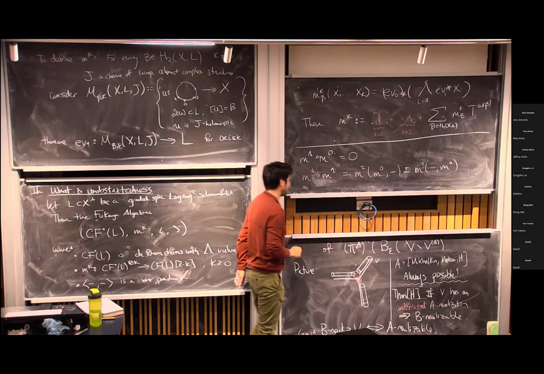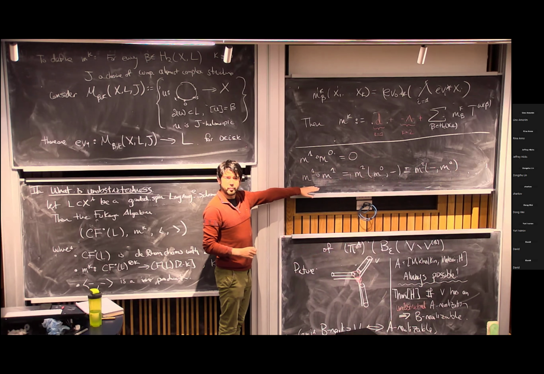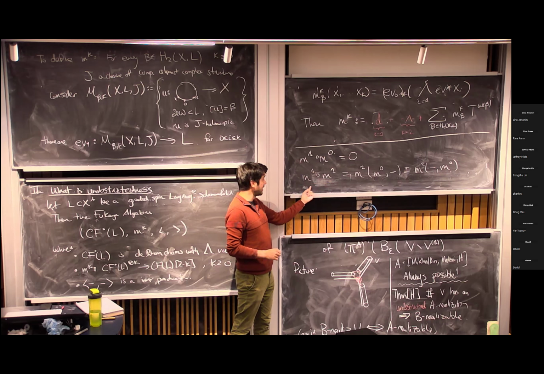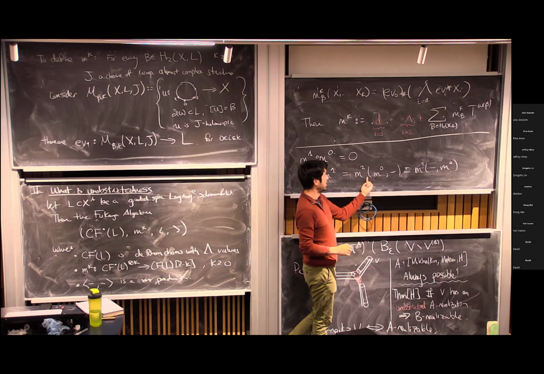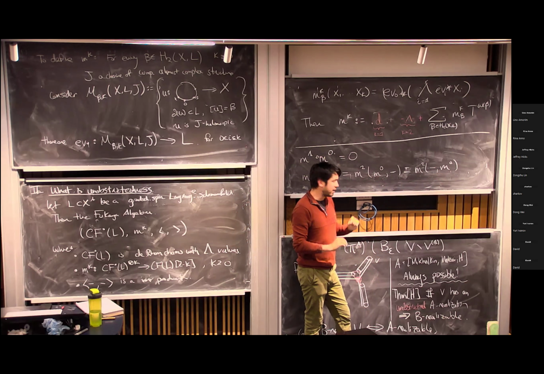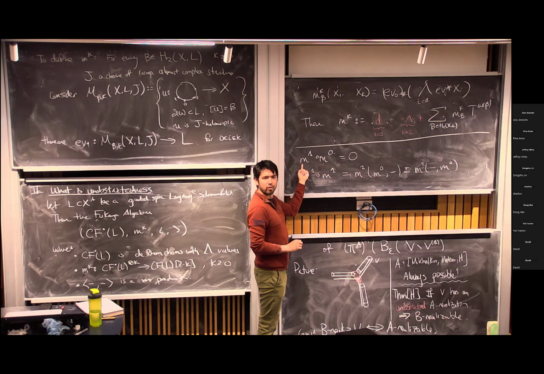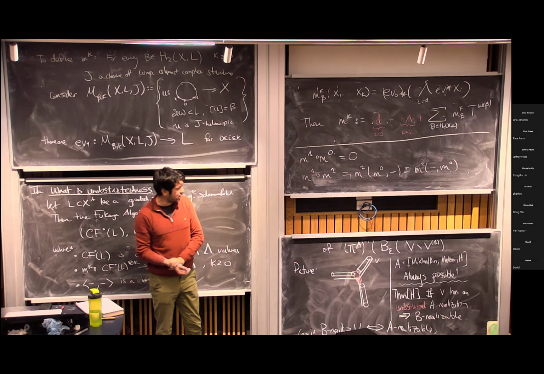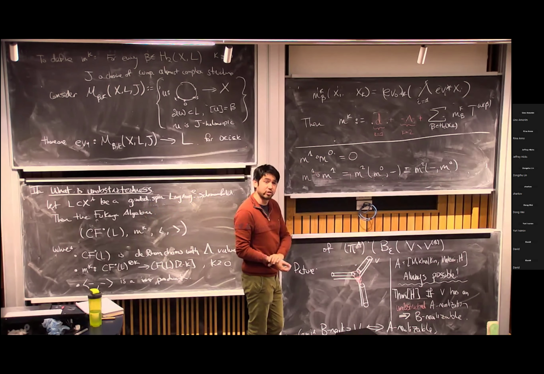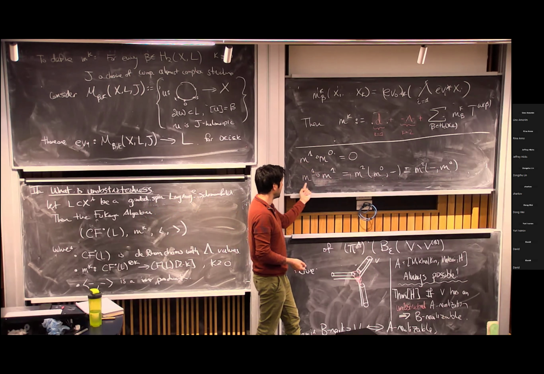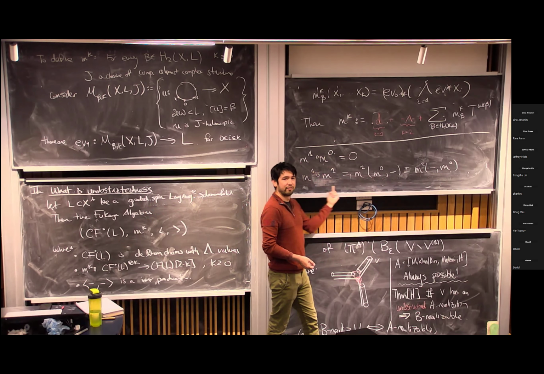In a chain complex, you would have this m1 operation squaring to 0. Here you instead have that if you apply m1 twice to something, you get this expression, which is not quite squaring to 0. There's an error, which is that you have to multiply by m0. But the error is not so bad. The error itself is closed under the m1 operation. So this is an analog to looking at, instead of a bundle with a flat connection, something like a bundle that has a curved connection on it. This over here looks something like the Bianchi identity, and this over here looks like the definition of the curvature tensor.